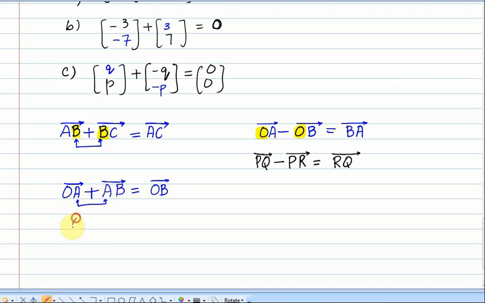If I write OA, this positive OB, when I shift it on the left side, it will be negative OB, and when I shift this AB on the right side, it will be minus AB, right? OA minus OB is equals to minus AB. Minus AB is equals to BA, right? According to the concept of negative vectors, minus AB is equals to BA.